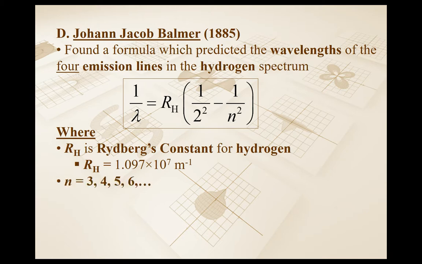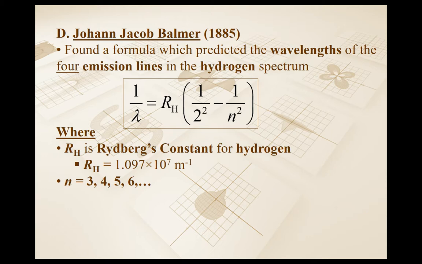To get the four wavelengths of visible light for hydrogen, for the value of n you just plug in the numbers 3, 4, 5, 6. Right now, n doesn't mean anything. It's just a number you plug into an equation that gives you the four visible bands of hydrogen when you take hydrogen gas and excite it.